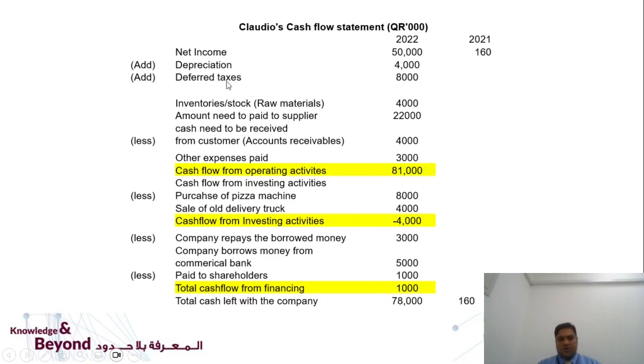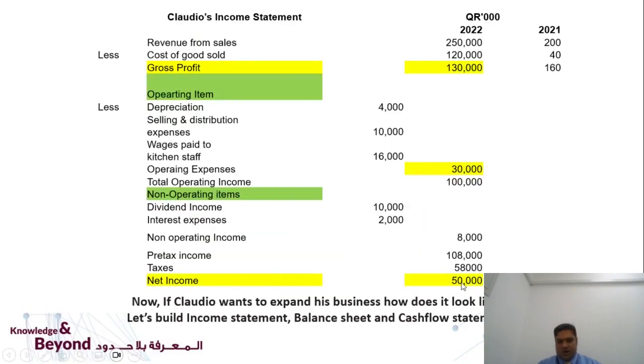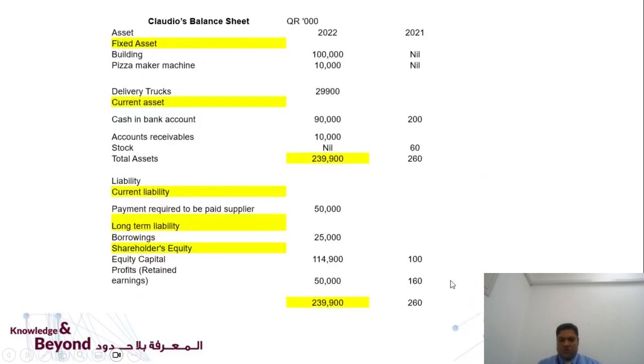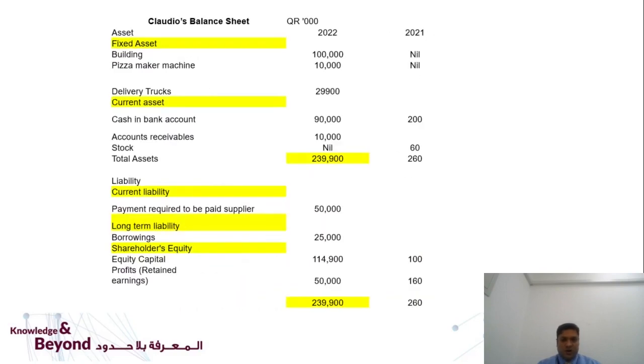So in this, what we try to do is, if you see this 50,000, we have picked it from the income statement. You see here, right? This 50,000. So why are we taking this here? Because the income statement considers expenses which are not actually expenses. For example, depreciation.